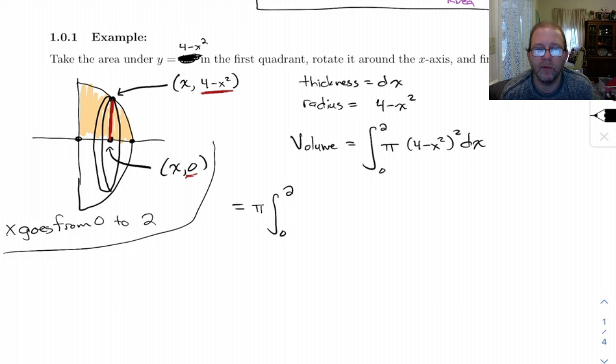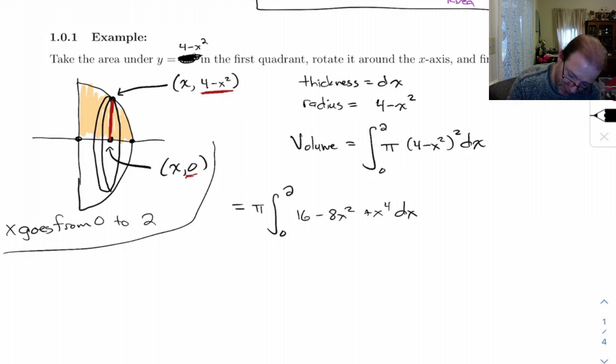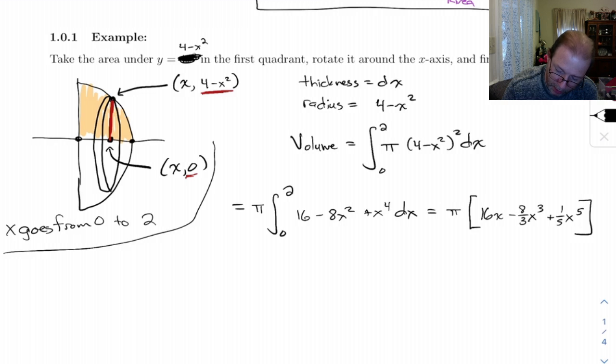Okay, if we square that 4 minus x squared, we're going to get 16 minus 8x squared plus x to the 4th dx. And if I integrate, I'm going to get pi out front and then this will be 16x minus 8/3 x cubed plus 1/5 x to the 5th. And we're supposed to do that from 0 to 2.